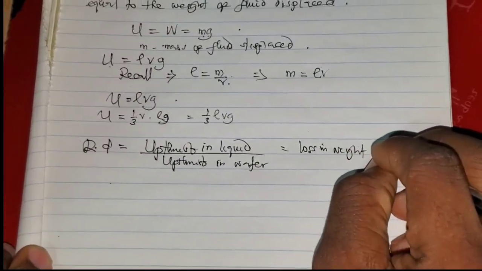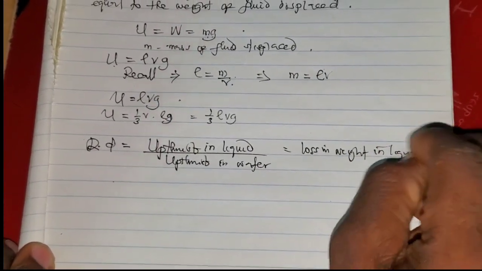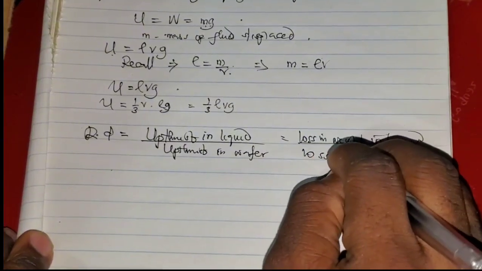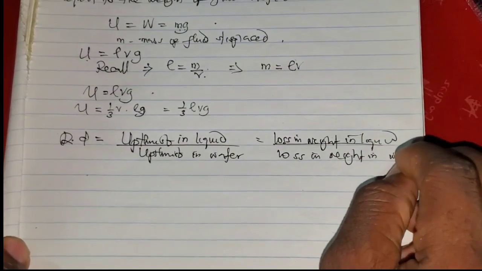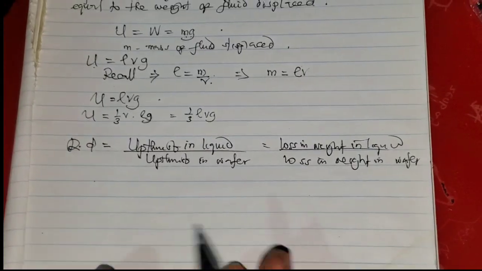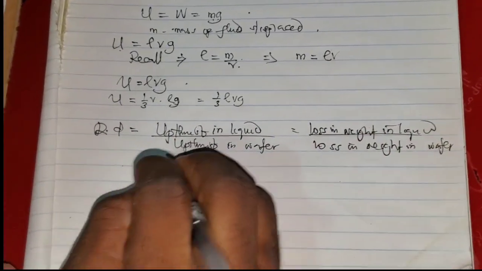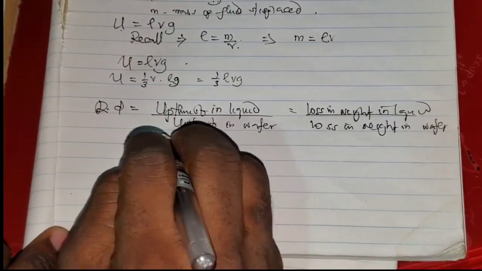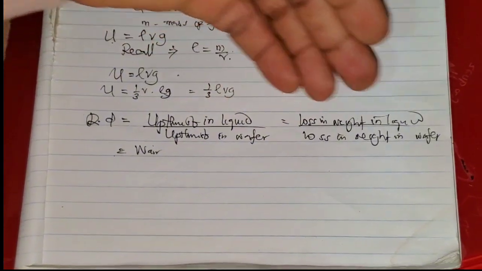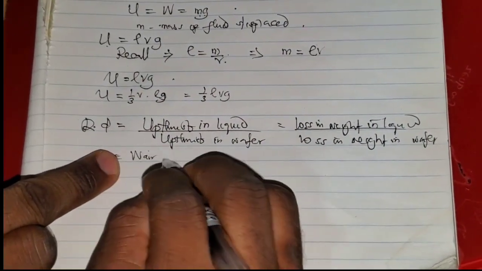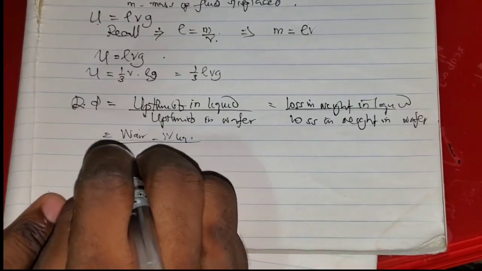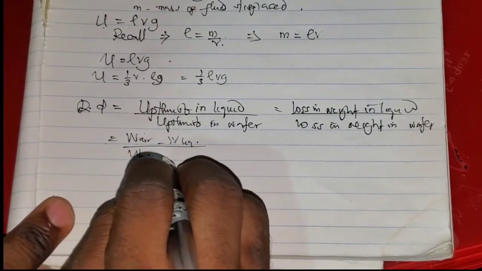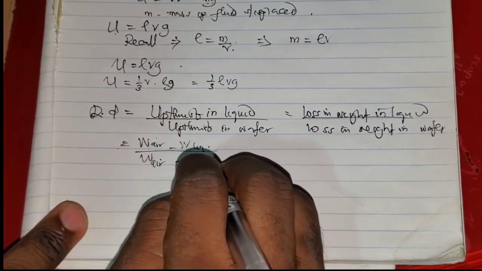So it is the loss in weight in liquid over the loss in weight in water. Writing the weight in air as W air, the loss in weight in the liquid is W air minus W in liquid, over W air minus W in water.